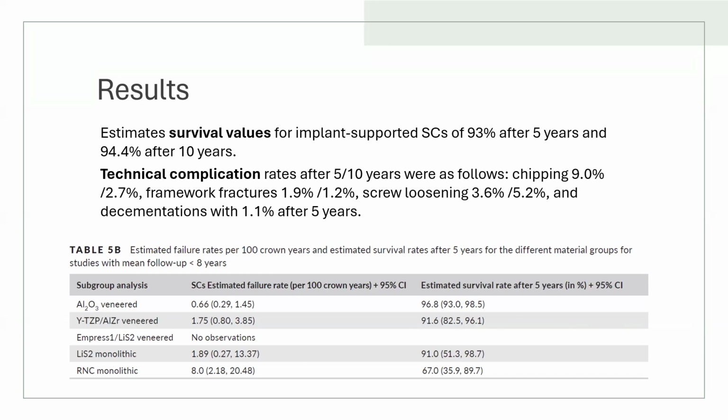The technical complication rates after 5 and 10 years were as the following.